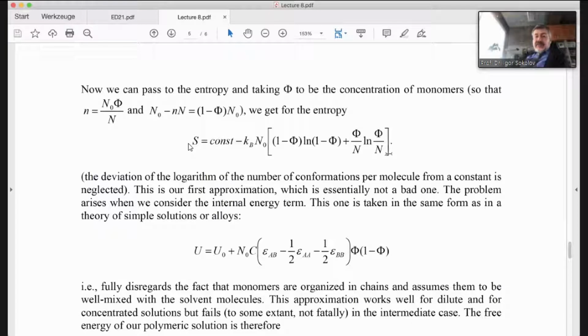Now, let's assume that this is now our entropy. This is translational entropy of the monomers, number of the monomers, log of their concentration, not the monomers, but the solvent molecules. Number of the solvent molecules times log of their concentration.